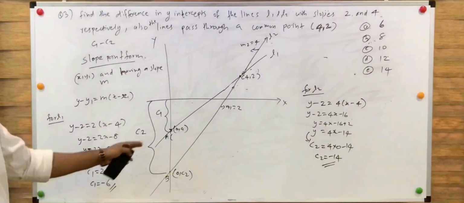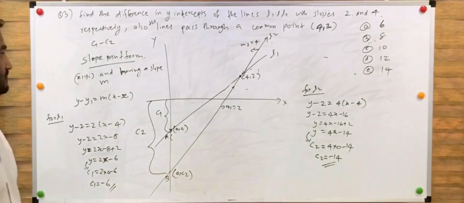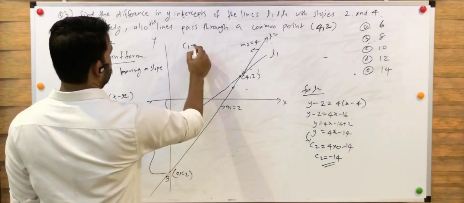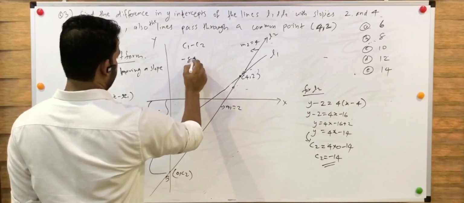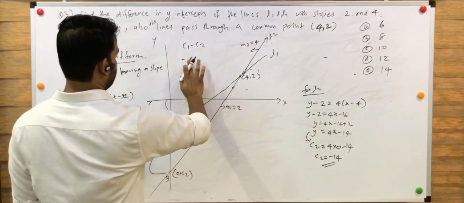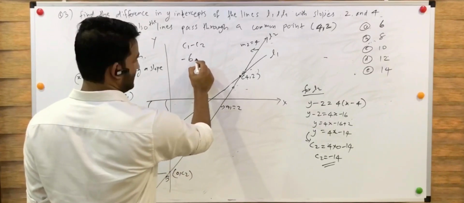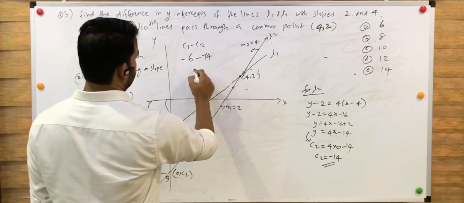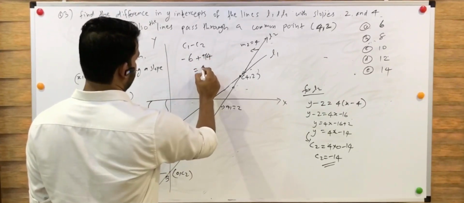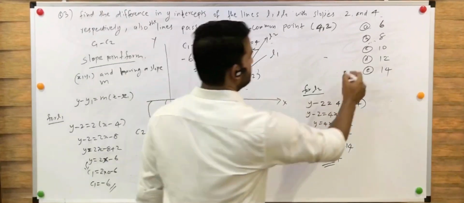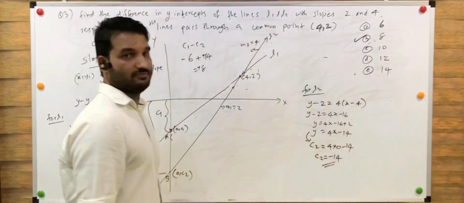Now we have got C1 and C2, so we can take the difference, C1 minus C2, that is minus 6 minus minus 14, that is plus 8. So the answer is 8.